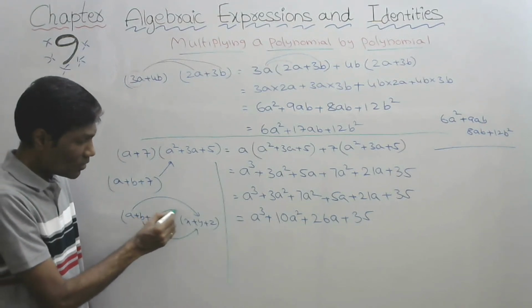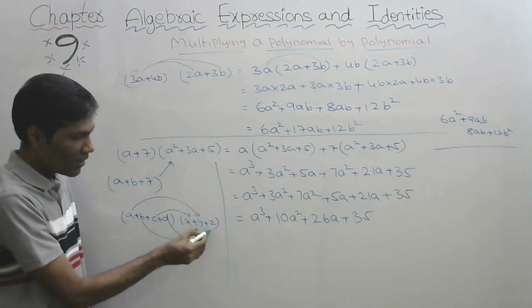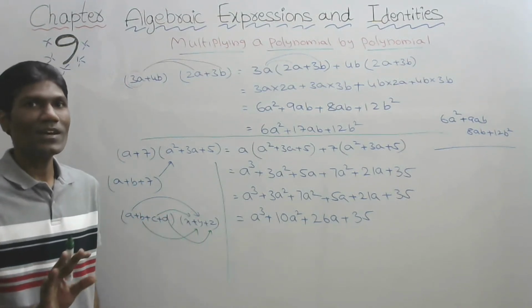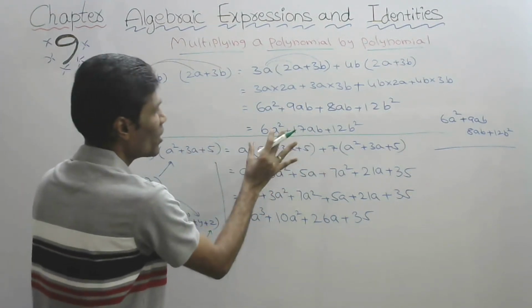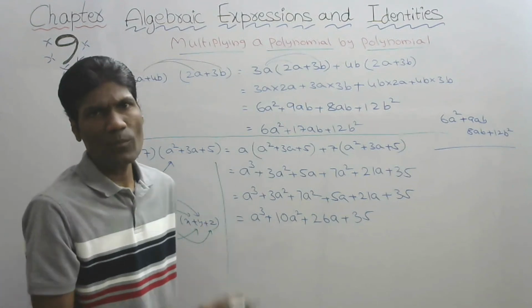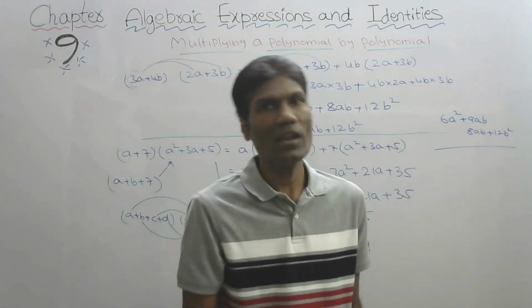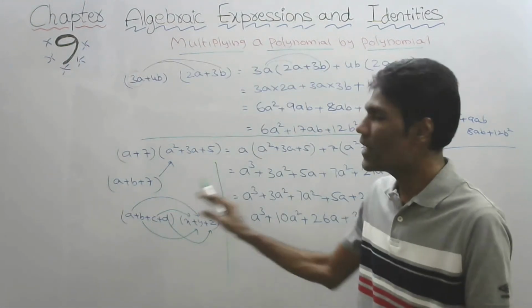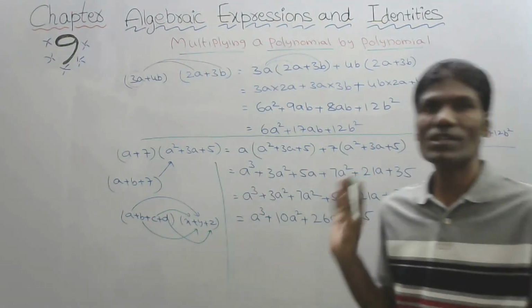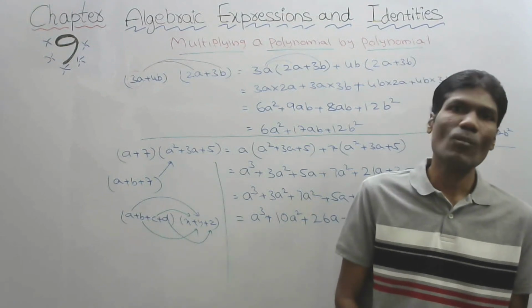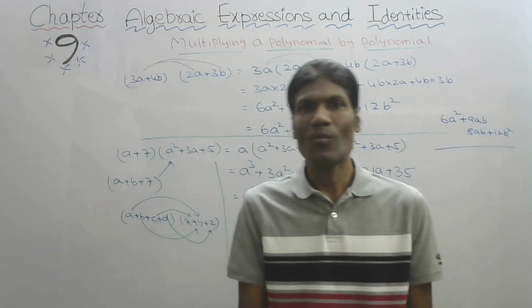Then c into again. Then d into again. That is the method. So once we know this process, whatever may be the number of terms, any polynomial, whether it is a binomial, trinomial or any polynomial, then we can proceed. This is the process to multiply polynomial with another polynomial.